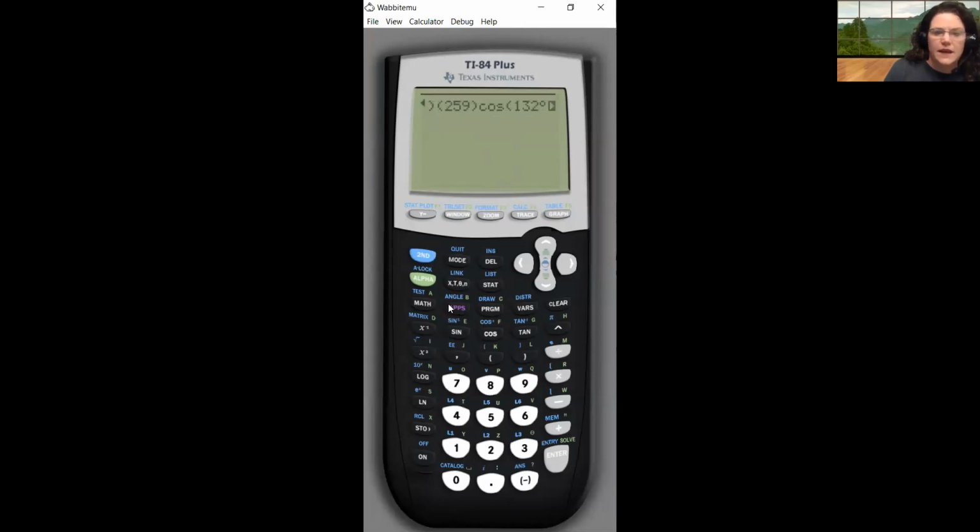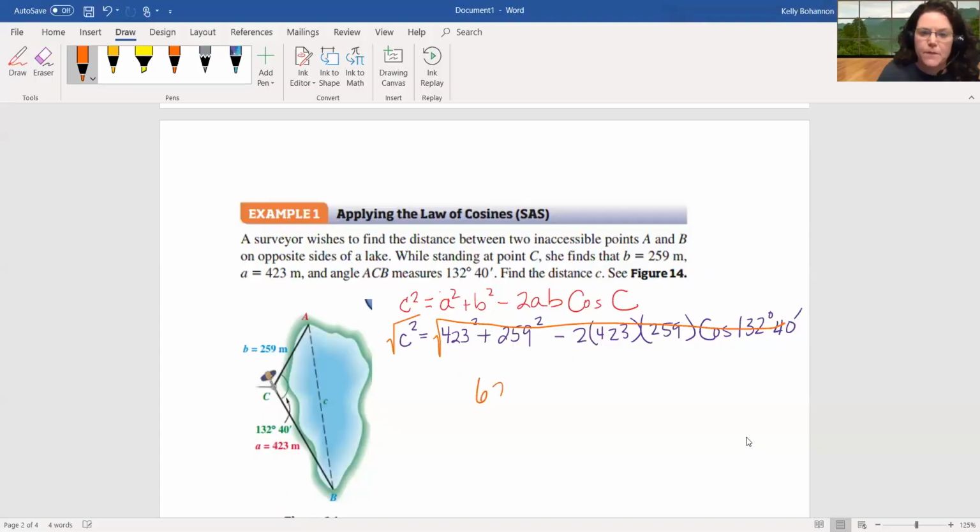Remember, second apps will get you your symbols for your angles. 40 minutes, and hit enter. And I get 628.1, and this is meters. So my answer is 628.1 meters. And that's it.